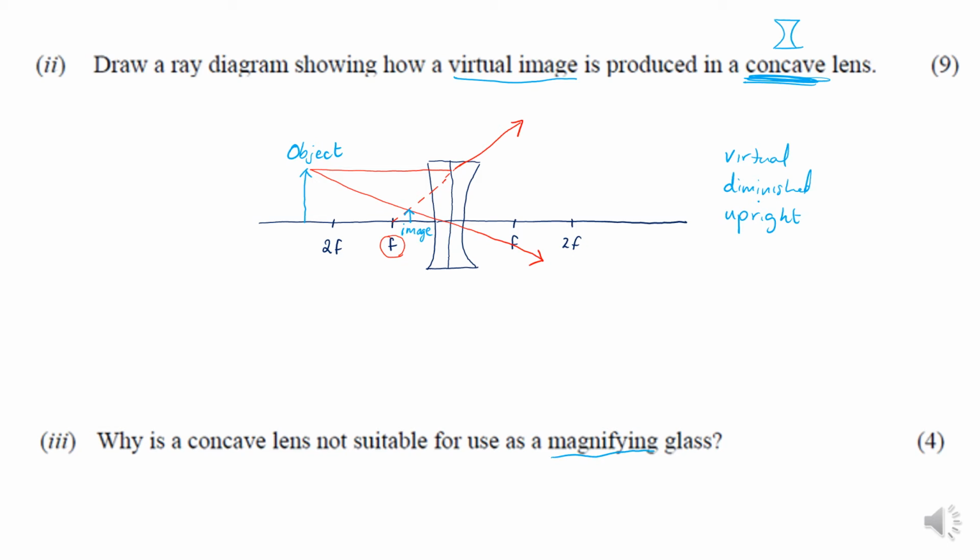So even that word there, magnifying, means to make it bigger. We can say that the image, as we saw above, is always smaller, or I'm going to stick with our science word that we've been using, diminished.